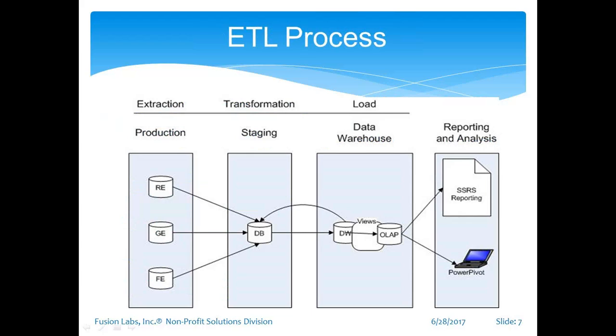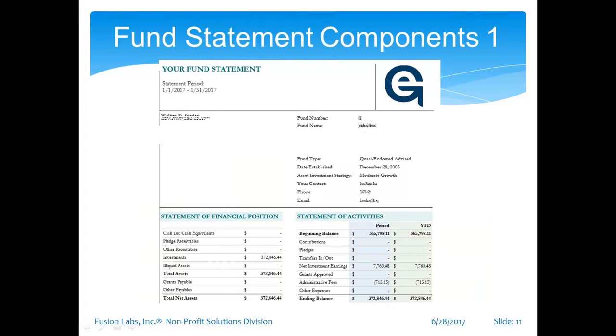I won't get too technical on this, but basically this is the process. We take the data from GEFE, we bring it into a staging area, and then we clean up the data and we bring it through to the data warehouse, and that allows us to do the reporting. So why would we do this? One of the things is it allows you to quickly create a fund statement specifically for the website.